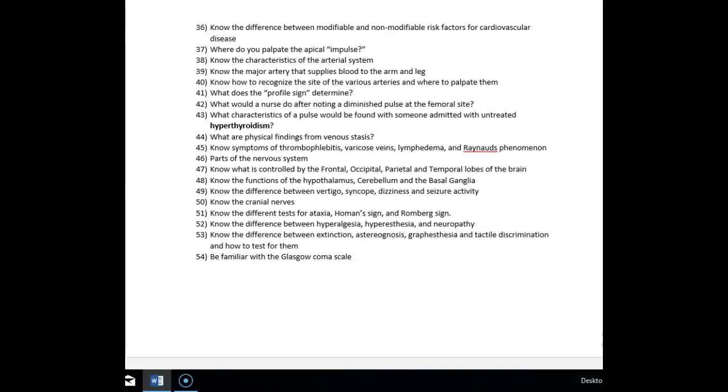I want y'all to know where to palpate the apical impulse. Y'all know where that area is, the PMI, point of maximal impulse.